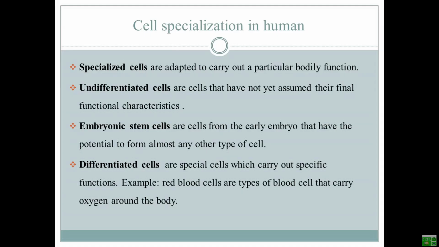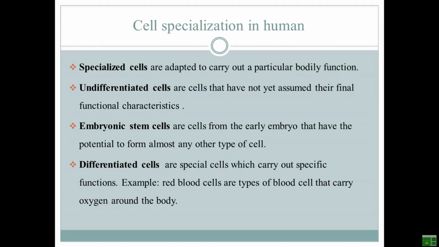The human zygotic cell is a single cell which divides to form a mass of undifferentiated cells known as embryonic stem cells. Each embryonic cell carries all of the genetic information of the individual. As the embryo divides, the cells become differentiated or specialized to carry out particular functions.